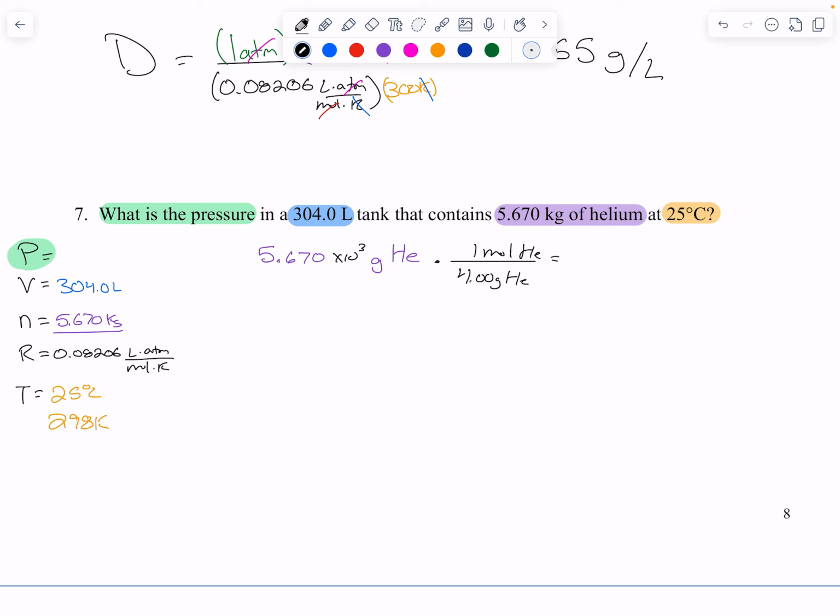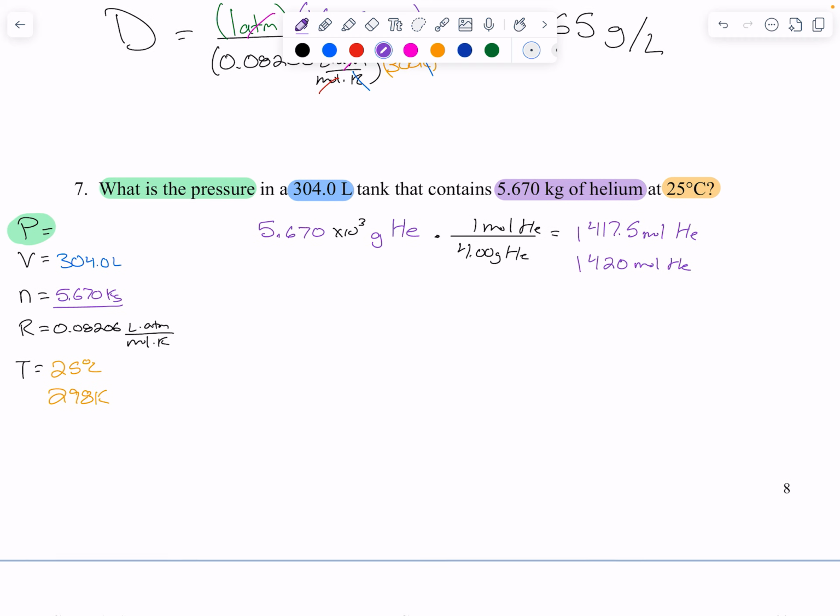So if I do my 5,670 grams divided by 4, I get 1417.5 moles of helium, which to 3 figs is 1420 moles of helium.